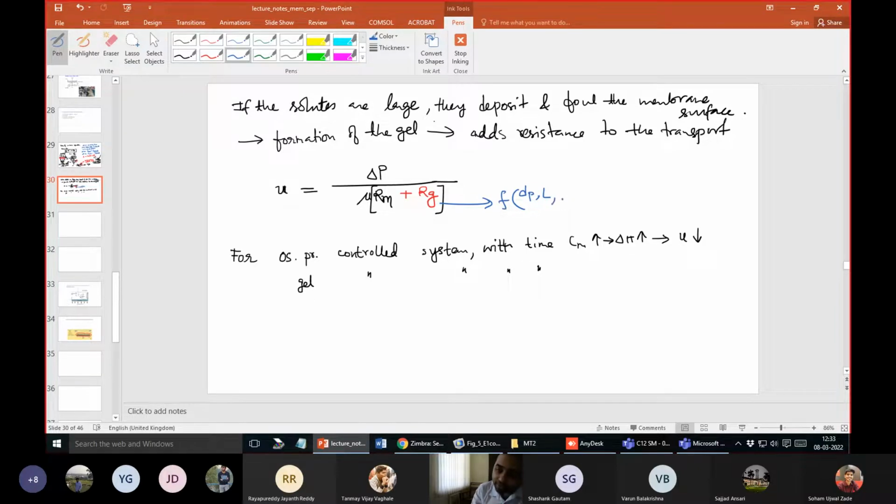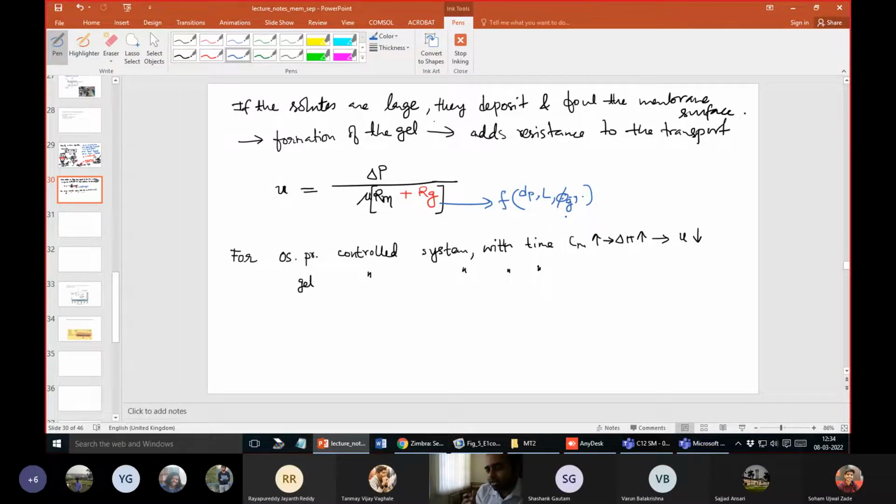I will write dot dot here, because there are other parameters like solute interactions and the porosity of the gel layer, phi g. All these parameters affect it. So in simple words, the particle diameter or porosity of the gel layer will not change. It's generally the thickness of the gel layer that changes, and it will continue to get thicker and thicker, and the zone of the gel layer would expand and grow.